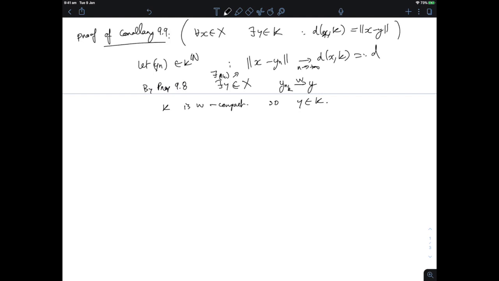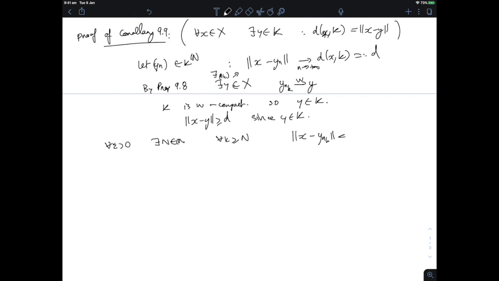Right, now I claim that this y does the job. Let's see that. What we have is that the norm of x minus y is certainly greater or equal to d because y is in K. And for any epsilon, if you go far enough in your subsequence, you get that x minus y_nk almost realizes the distance.